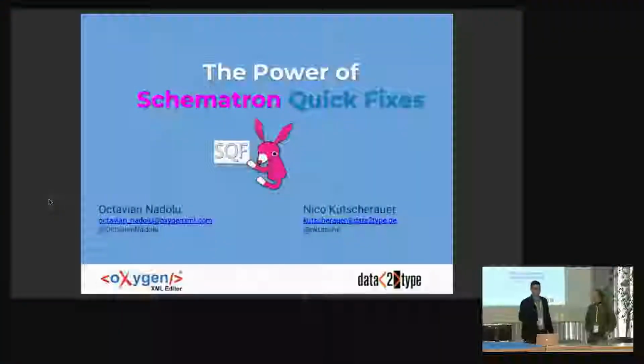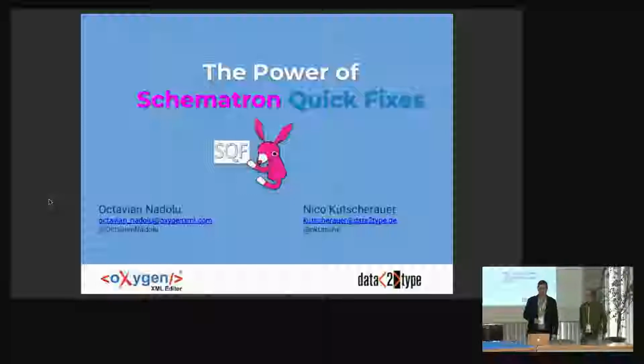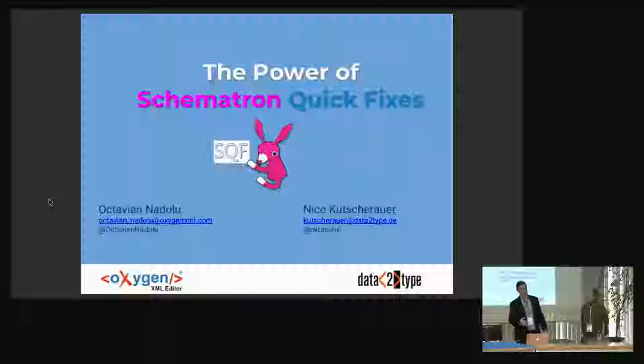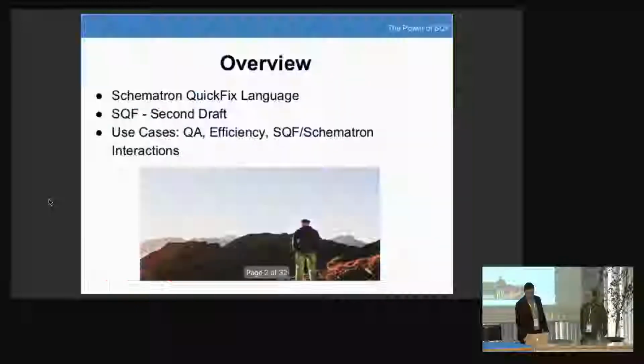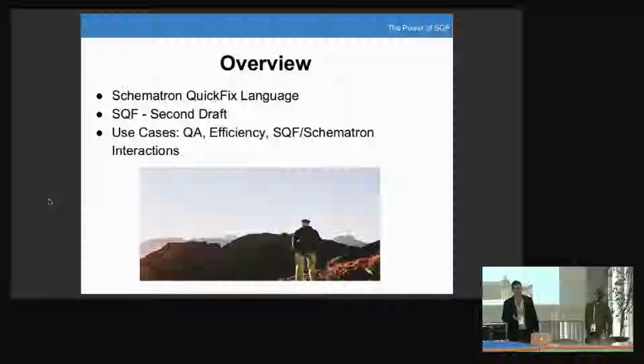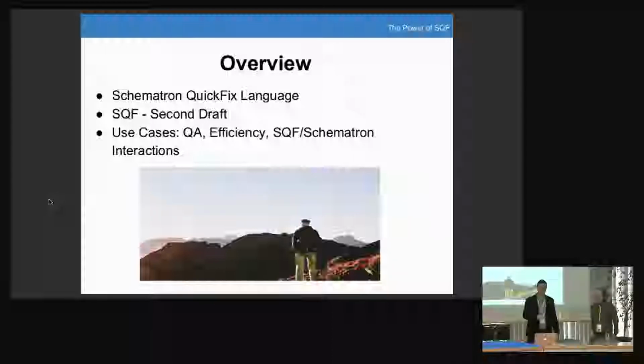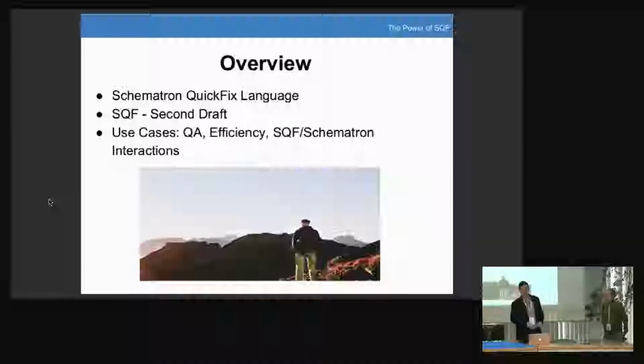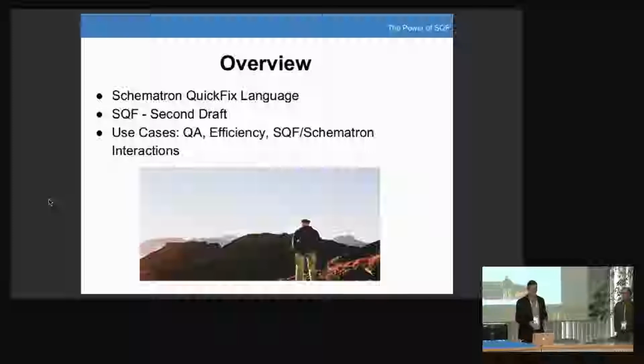So we'll discuss the power of the Schematron quick fixes, and we'll show you some interesting use cases on how you can create quick fixes. We'll discuss the language and the additions that we have in the latest draft, and also some use cases about quality assurance, about efficiency, and Schematron interactions with SQF.